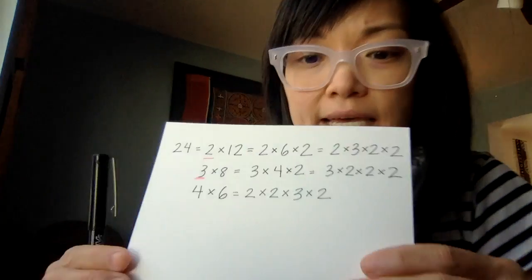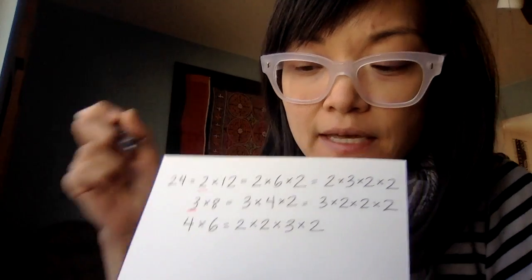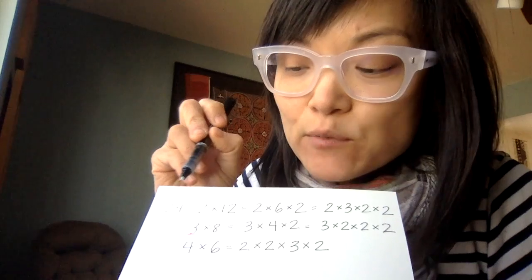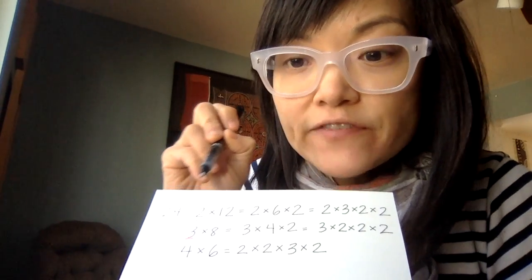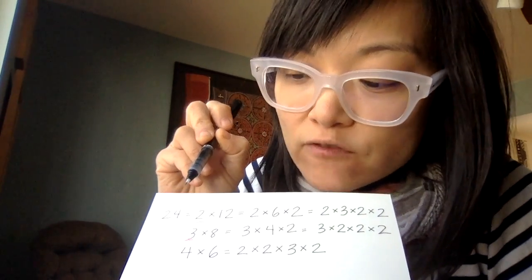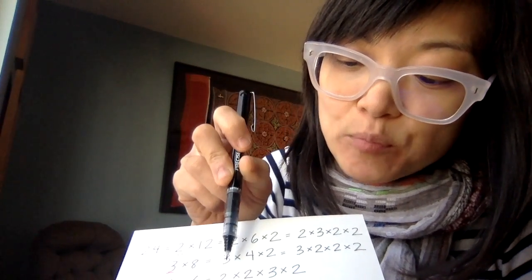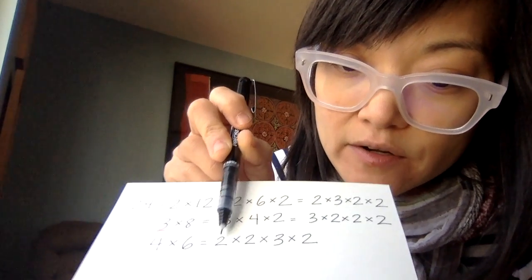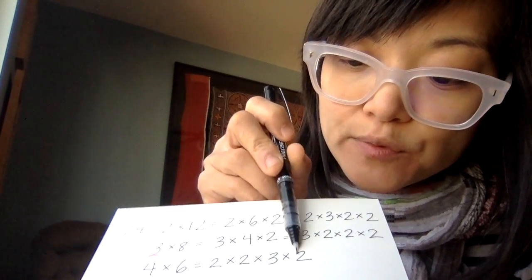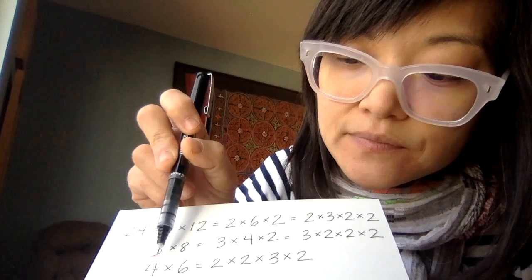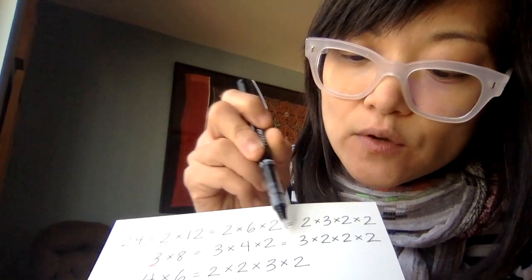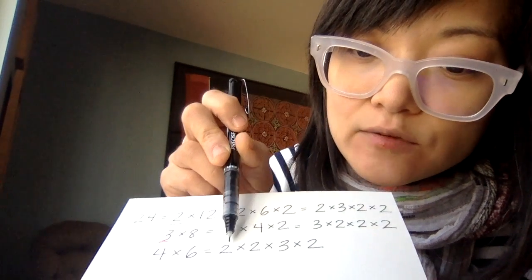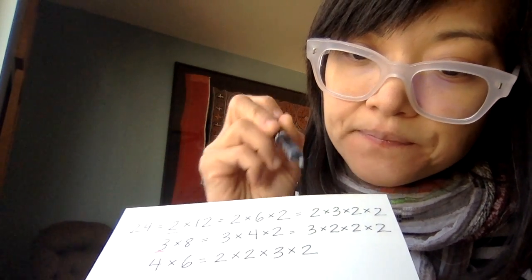So we can say that when we break down 24 and we try to find the prime factors of 24, look at here, how many 2's do we have here? We have 1, 2, 3, and here we have 1, 2, 3. And here we have 1, 2, 3.